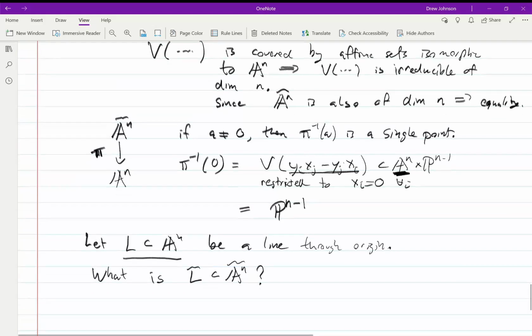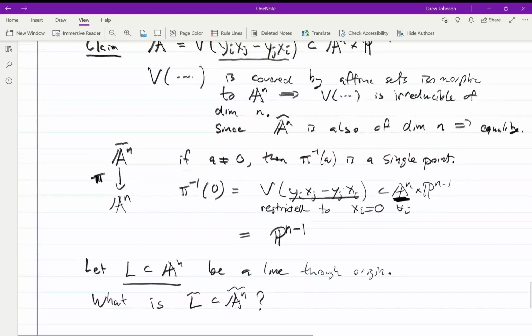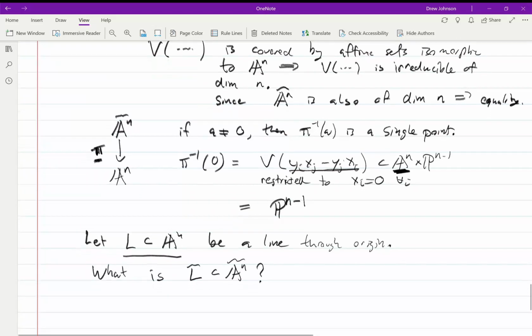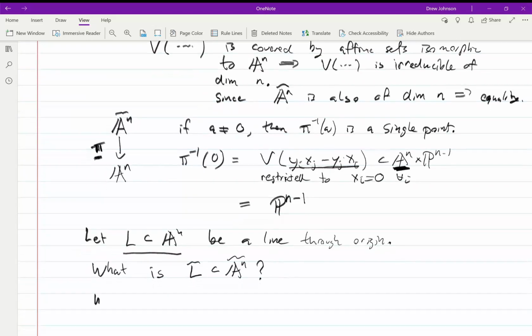Or you could think about it as taking L minus the exceptional set, intersected with U, taking the inverse under pi, and then taking the closure. That'd be another way to think about it. You get the same thing. Okay, but what is that? Well, we already know that pi is an isomorphism away from the origin. So if we can just understand what is L tilde intersect pi inverse of 0, then we'll basically know what's going on.